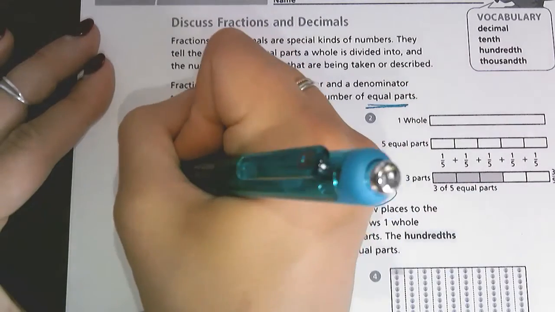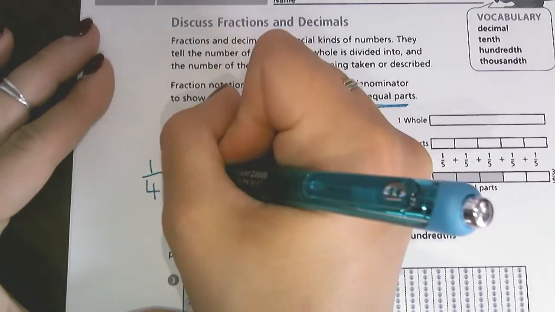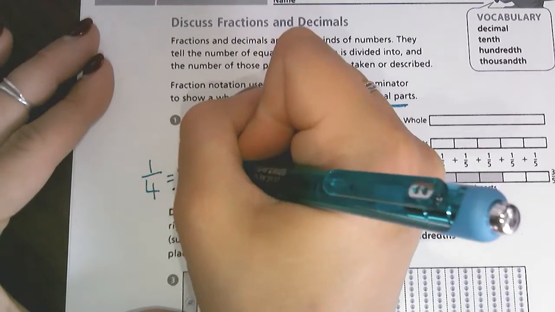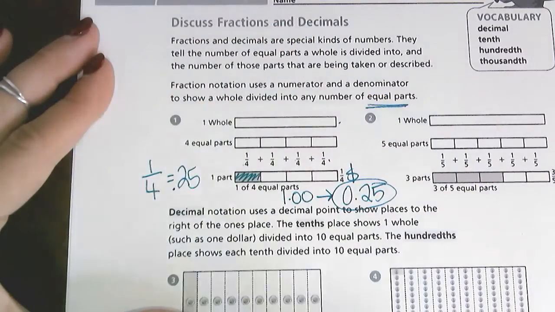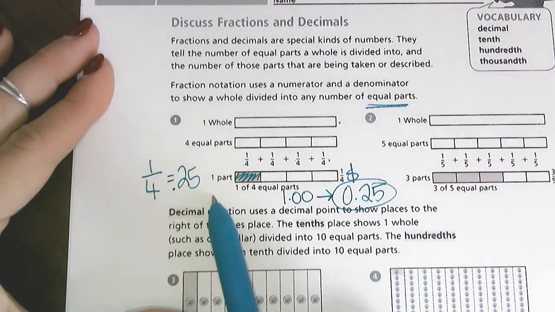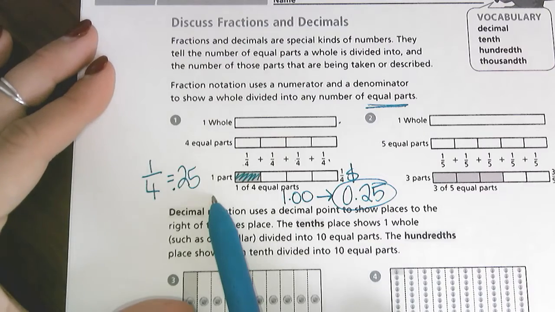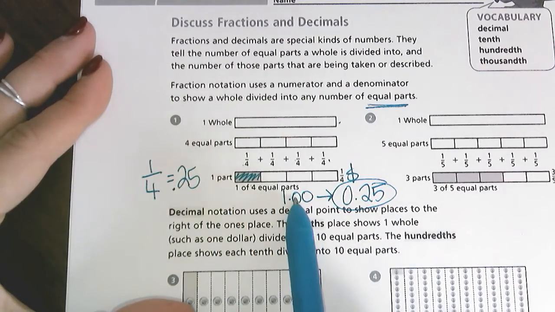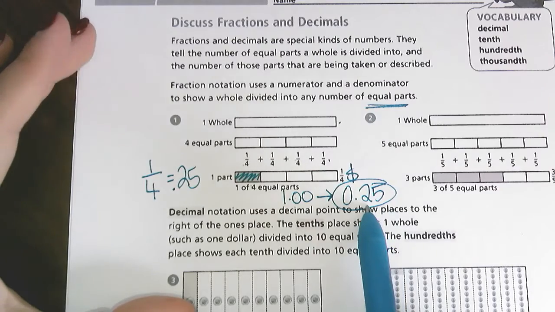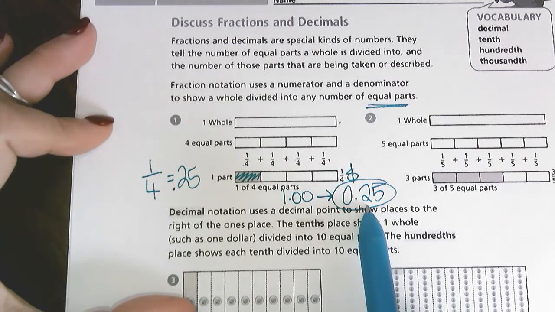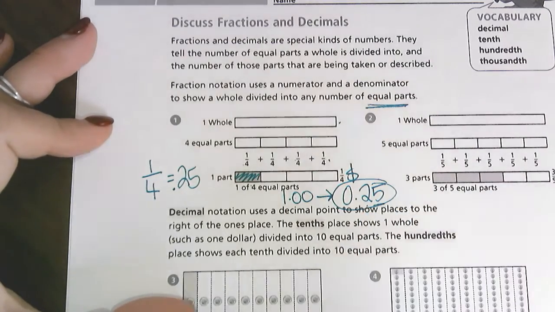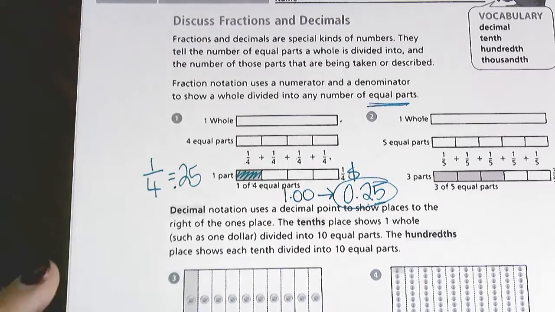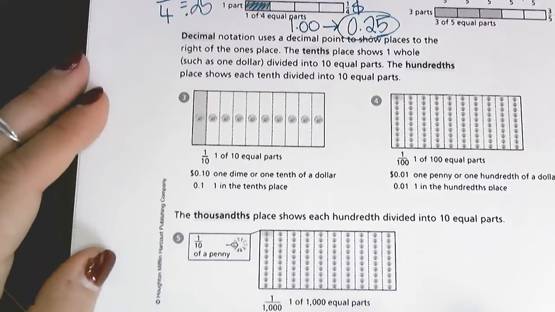So 1/4 is the same as 25 cents or 0.25. So that is the way to change 1/4 into 0.25, and this would be hundredths because my 5 is in my hundredths place.